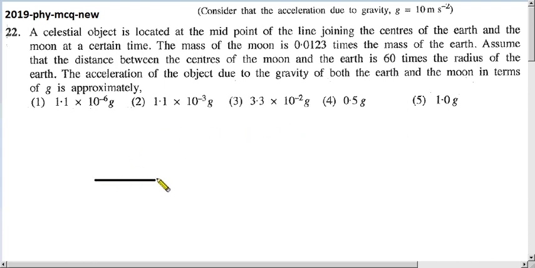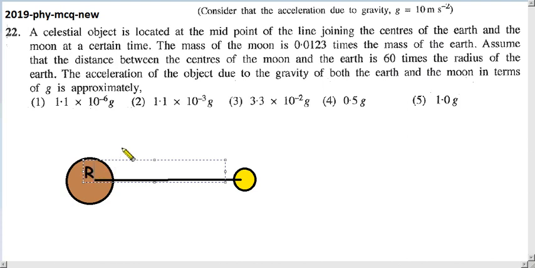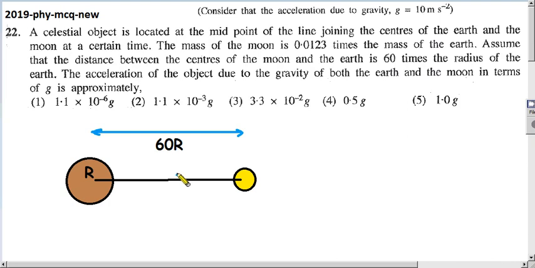So let's draw a diagram to describe the question. Say this one is the Earth, this one is the Moon. Say the radius of Earth is r, then they have given the distance between these two planets is 60 times the radius of Earth, and they say at the midpoint there is a celestial object located.